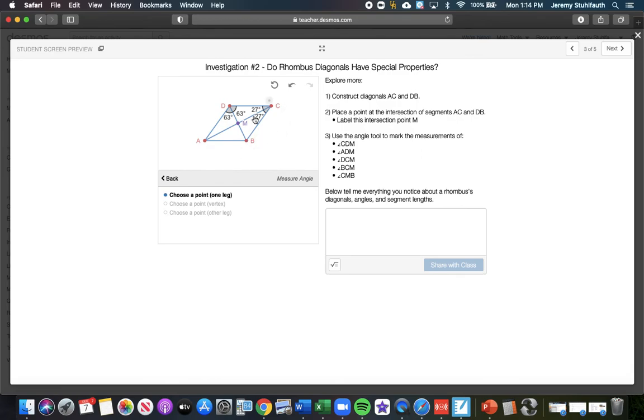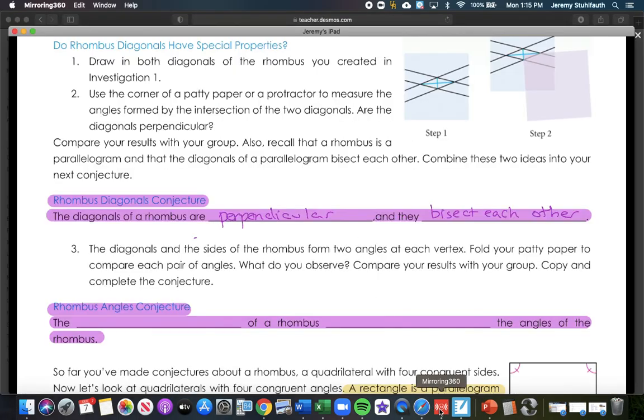Again, this is a special type of parallelogram or a special type of quadrilateral where all the angles are bisected by the diagonal. So what we have here is that the diagonals of a rhombus bisect the angles of the rhombus.